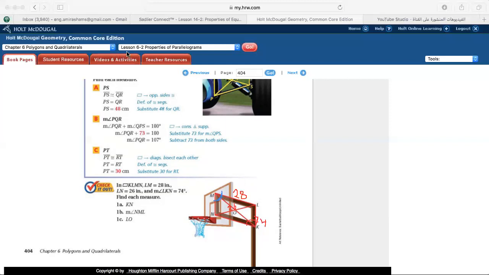Who will tell me? So easy, this one. Yes, excellent, Mice. 74. Why? Because from the properties of the parallelogram, every two opposite angles are congruent. So since LKN is 74, LMN is 74. So 74 degrees.